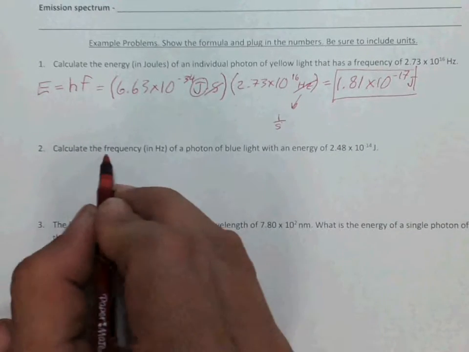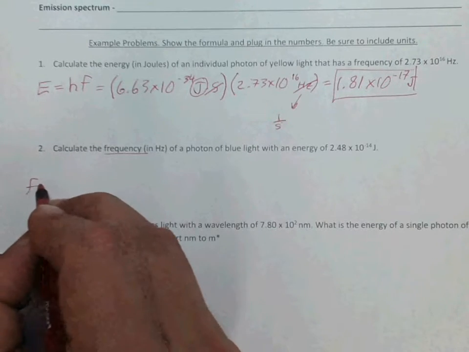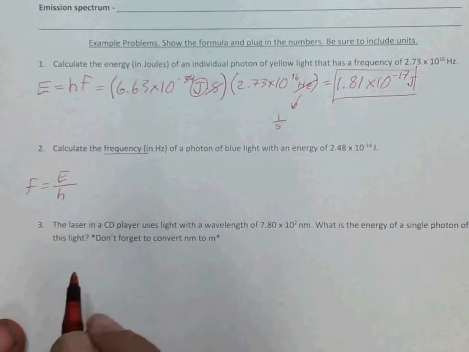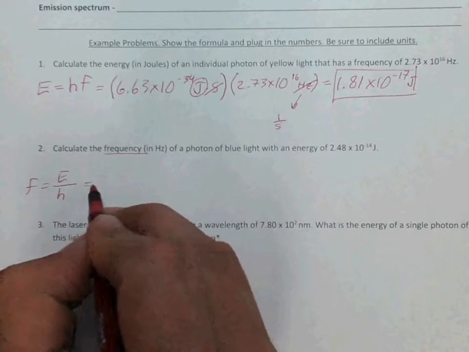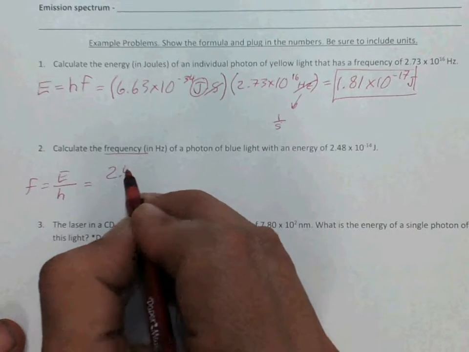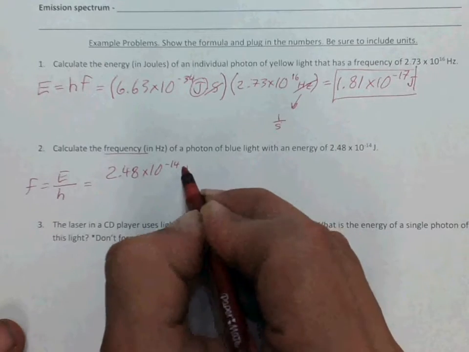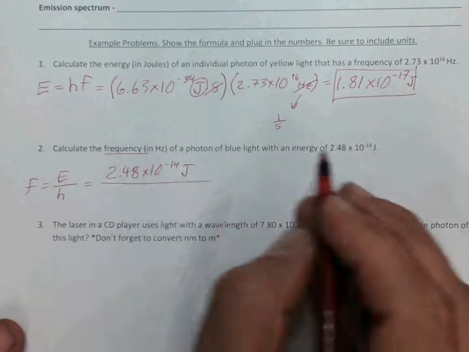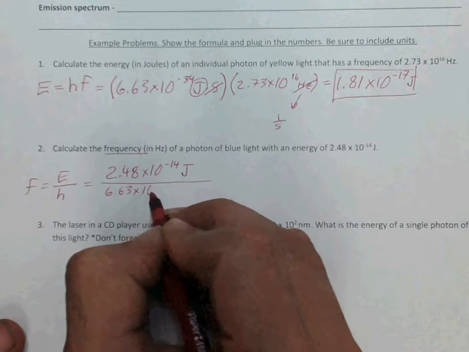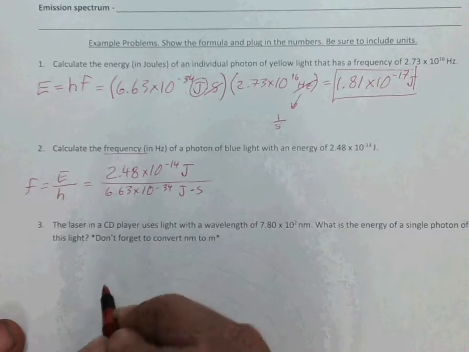Here we're going to calculate the frequency. So we just rearrange the above equation and solve for frequency, and that just ends up being frequency is equal to energy divided by H. So we can substitute in our given, the energy on top, 2.48 times 10 to the negative 14 joules, and H underneath, Planck's constant, 6.63 times 10 to the negative 34 joule seconds.